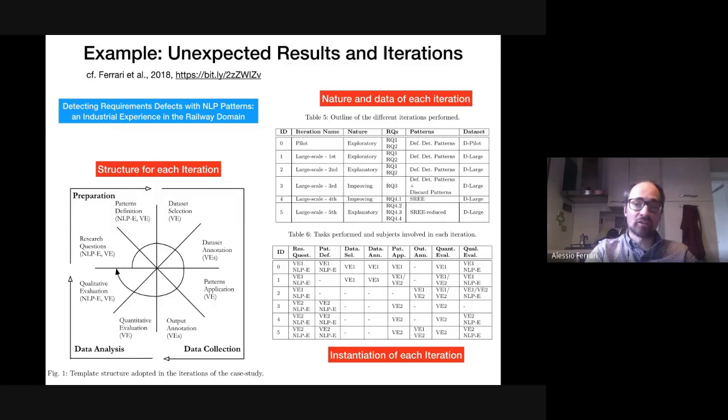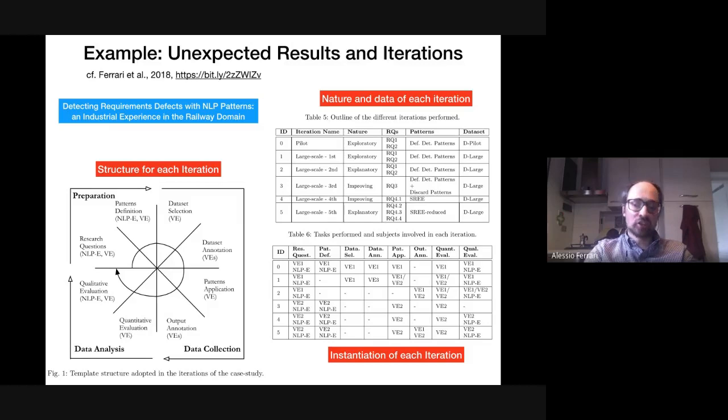The research questions that are addressed in each phase of the study, and the datasets that were used. This is to summarize each iteration, and then you identify which phases that are depicted in the structure on the left are actually applied, and in which way they are applied for the different tasks for each iteration.